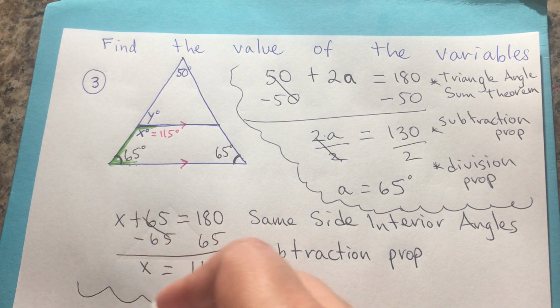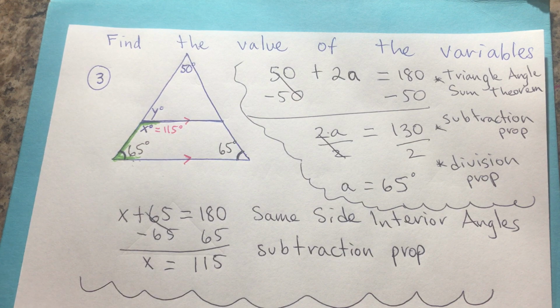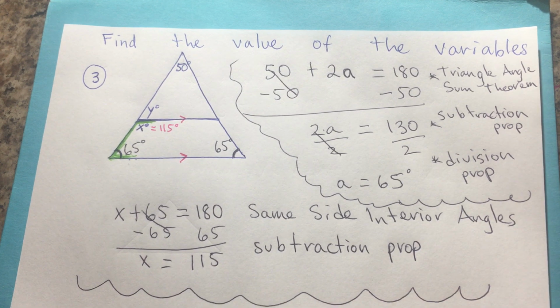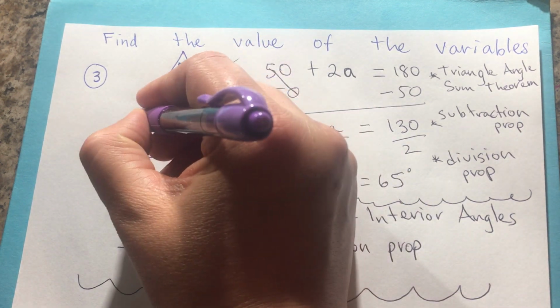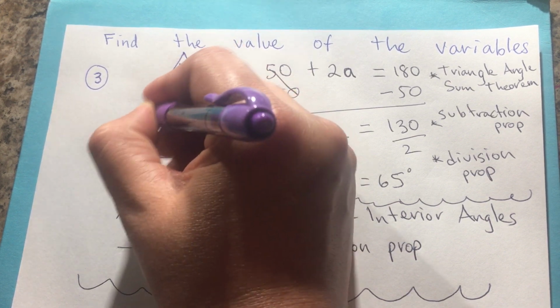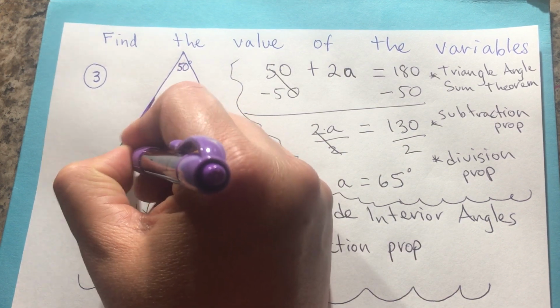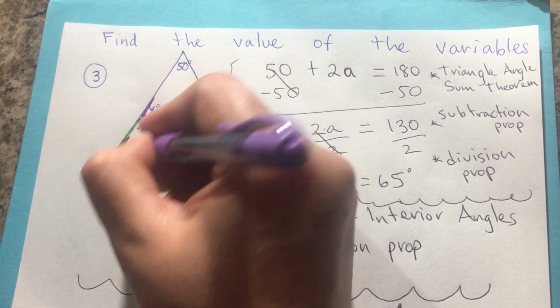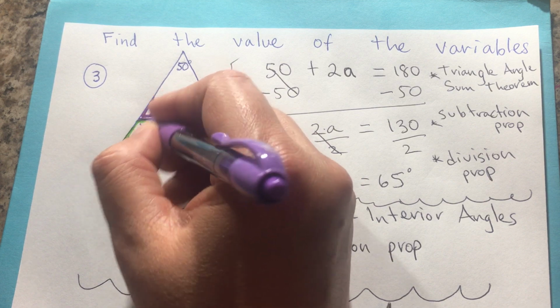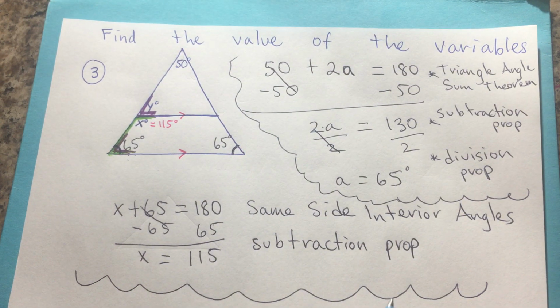For y, there are two different ways to do it. The easiest is just to see that these are parallel lines, these are corresponding angles. Remember the little boots or double L, double R, corresponding. Corresponding angles, they have the same measurement, they are congruent.